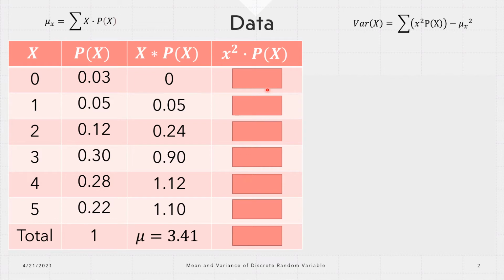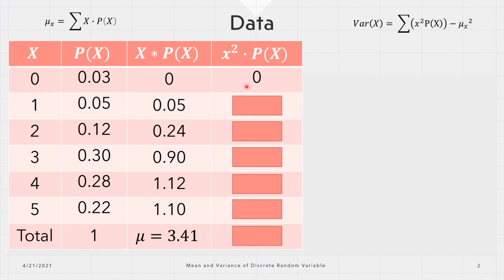So what we are going to do here is to identify the product of the square of the scores and its corresponding probability. We all know that the square of 0 is 0, and multiplying it by its corresponding probability 0.03 will still be 0. Any number multiplied by 0 will be 0.